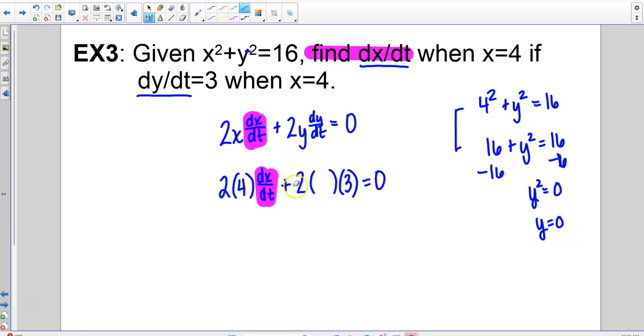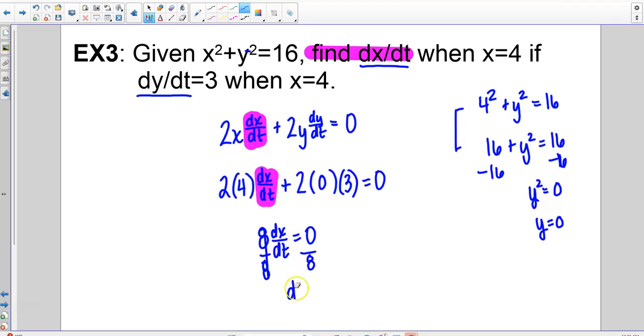It's kind of a weird problem, right? So if that is 0, I've got 8 dx dt equals 0. And then I need to divide by 8 here.